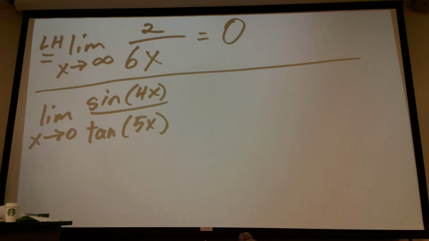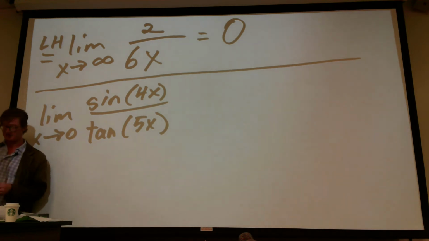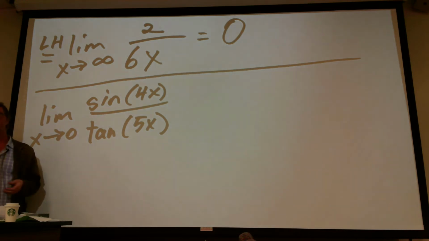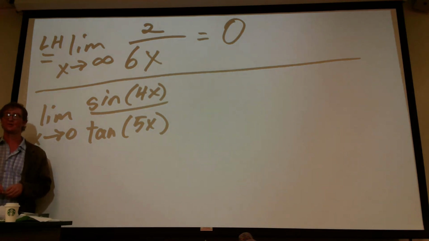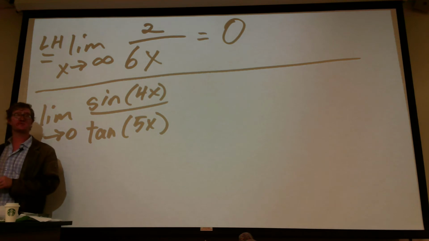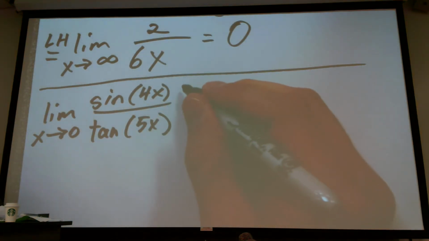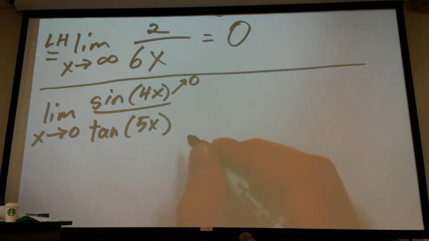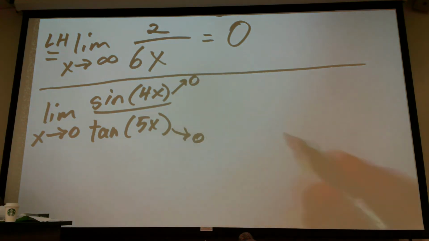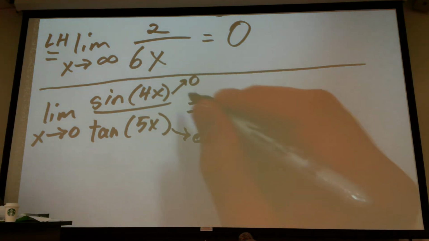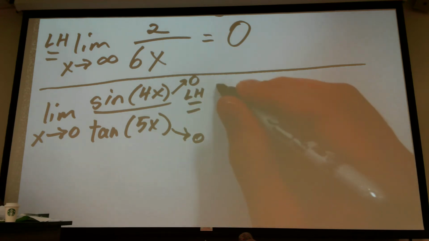So sine of 0 is 0, and tangent is sine divided by cosine. So tangent of 0 is also going to be 0. So let's apply L'Hopital's rule to this limit. We say this tends towards 0. That tends towards 0. We can apply L'Hopital's rule.